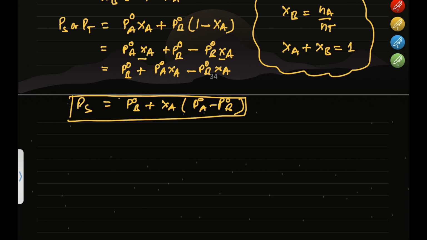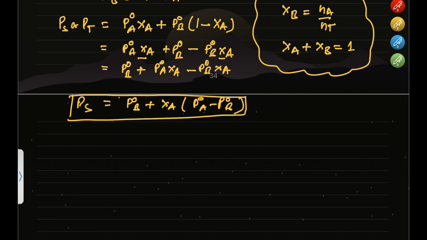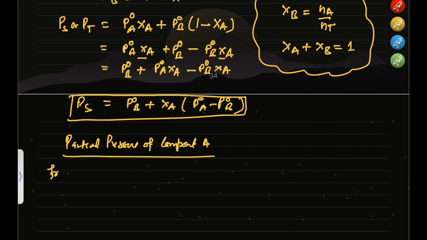The partial pressure of component A from Dalton's law.